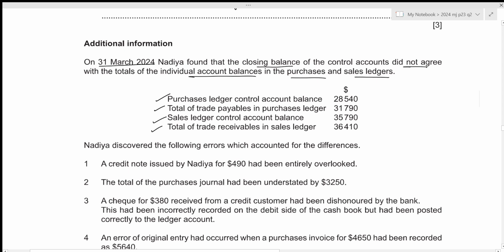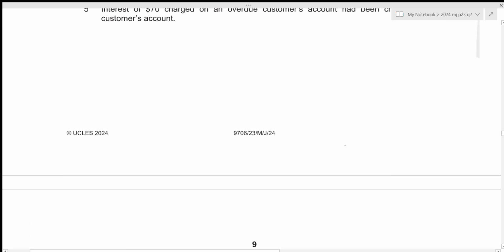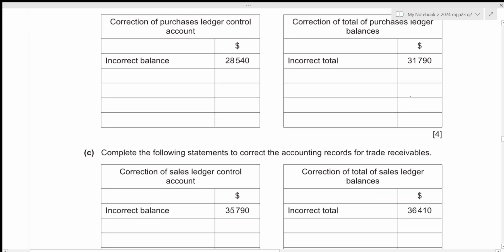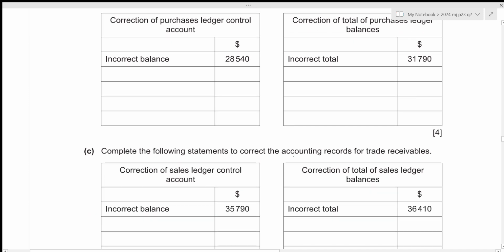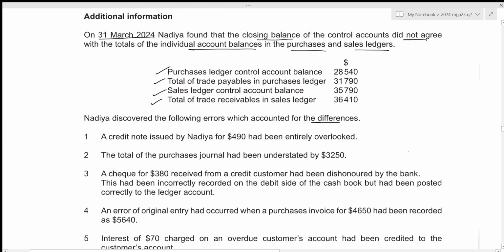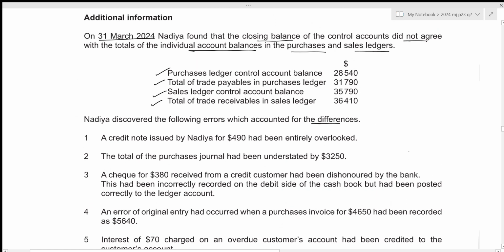Nadia then discovered the following errors which accounted for the differences. First of all, let's take a look at our question. We need to complete the following statements to correct the accounting records for trade payables, and for trade receivables. Let's do these two together. We'll go over each information and then correct it in the respective accounts.